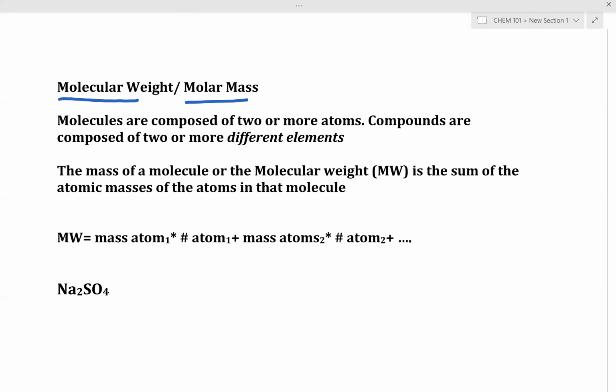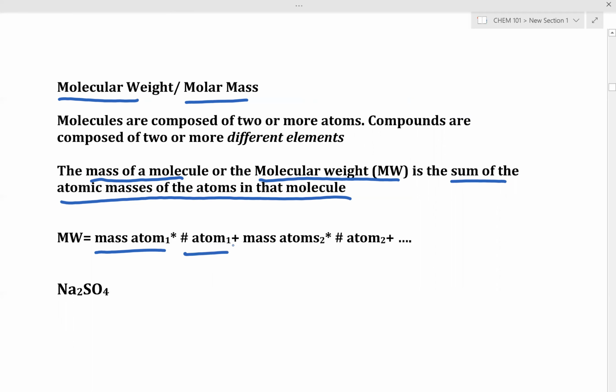The mass of a molecule is the sum of the atomic masses of the atoms in that molecule. So when you're calculating the molecular weight, you take the mass of your atom of a given element and multiply by the number of atoms of that element. We're just adding up all of our masses, just like dropping weights on a scale.